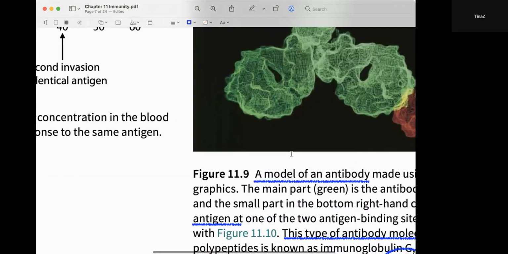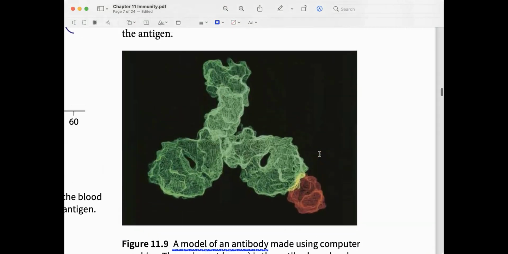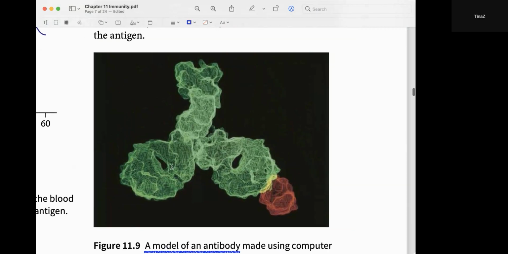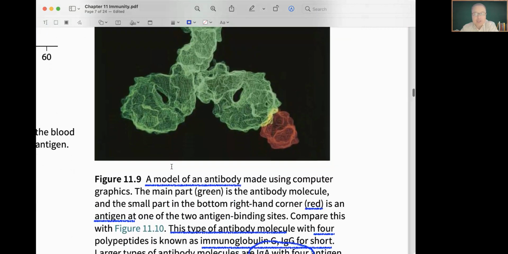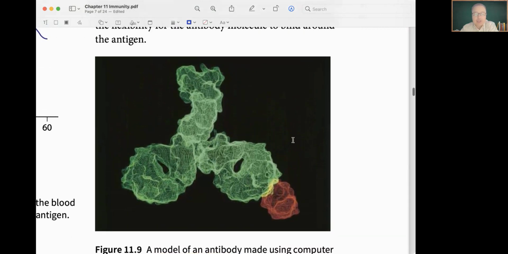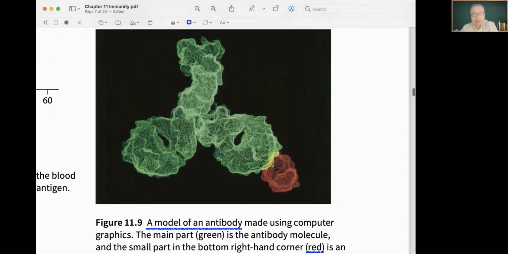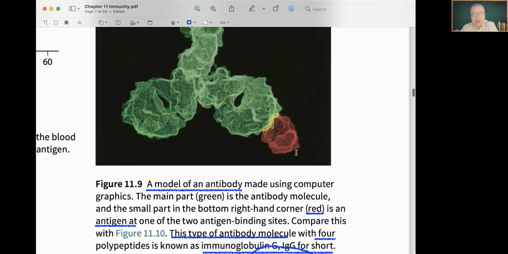This is the structure of the IgG. You see the part in green is called the antibody, and the part in red is called the antigen. So the antigen has been recognized by the antibody, right?